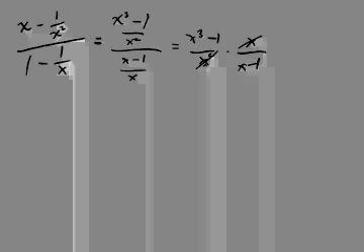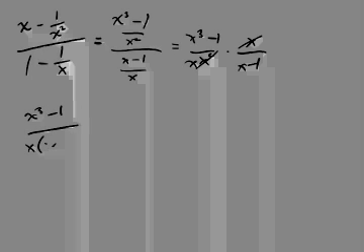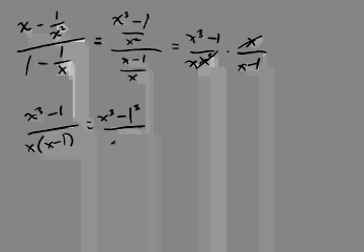The factors of x cancel, leaving just one x down here. And we now have x to the third minus 1 over x times x minus 1. x to the third minus 1 is the same as x to the third minus 1 to the third over x times x minus 1.